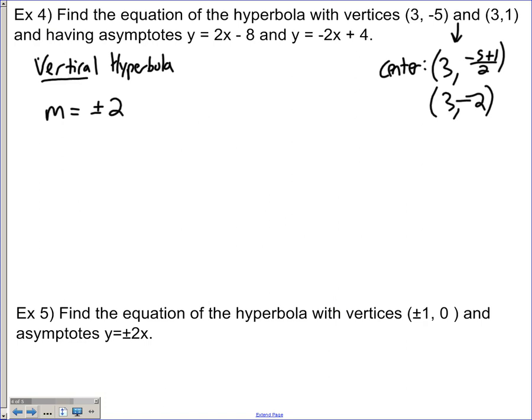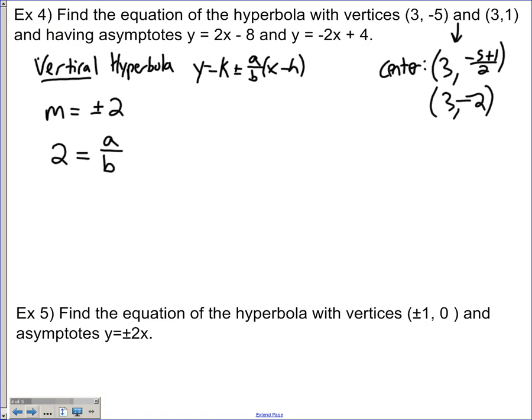With a vertical hyperbola, our equation is y equals k plus or minus a over b times x minus h. So I'm going to set my slope, m, equal to a over b. So if 2 equals a over b, I need to find out what those values are. I ignored a little bit of information before.